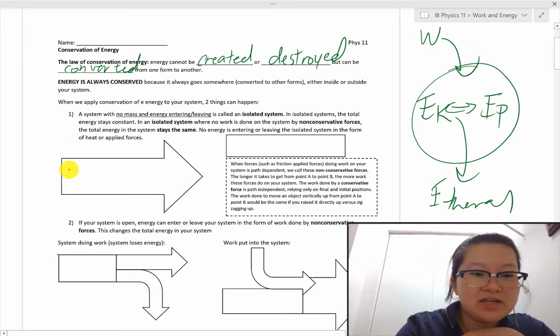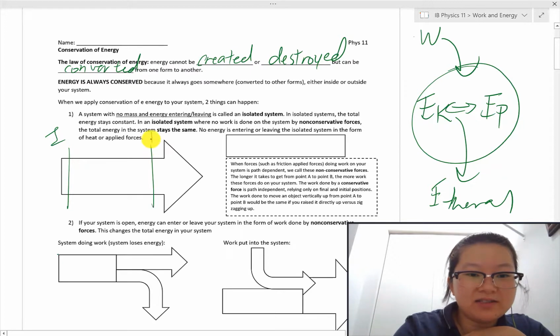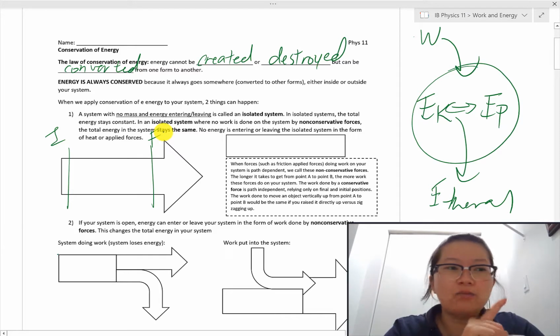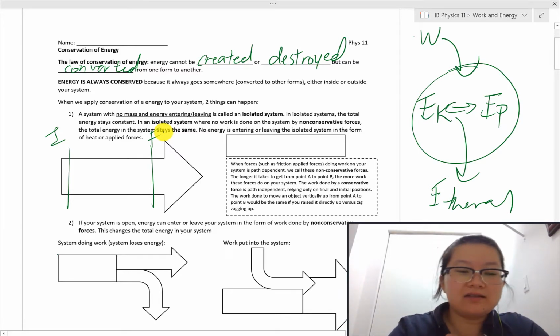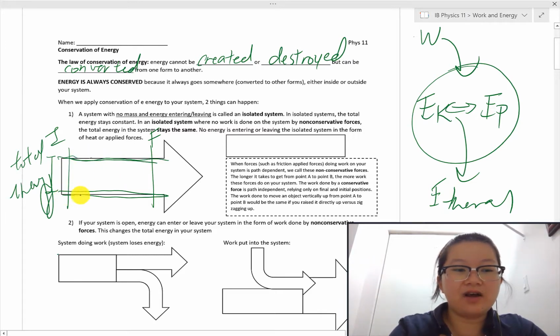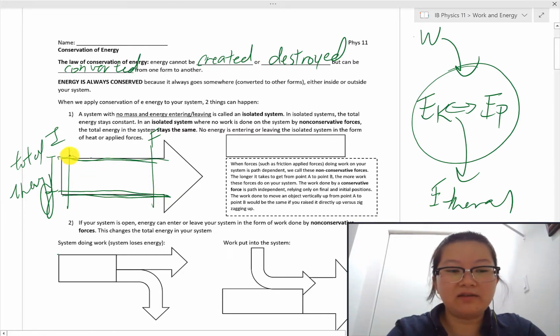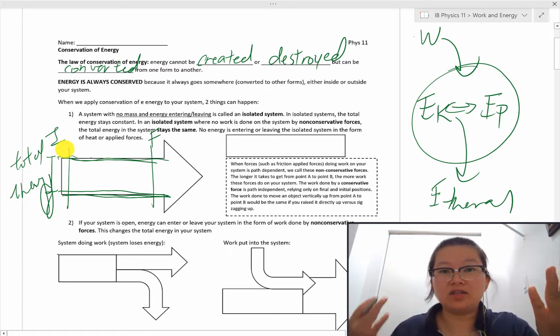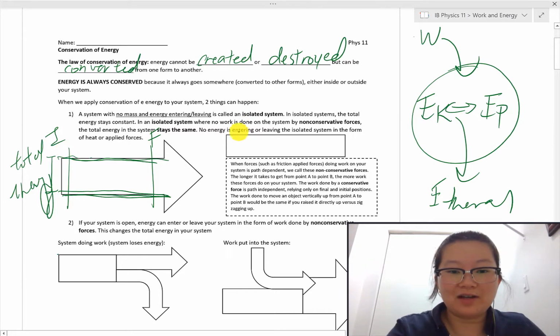If I talk about an initial state of my system and a final state of my system, the amount of energy should be the same no matter what time I look at my system. And this arrow here, I'm just going to quickly talk about what this means. Imagine the width of my arrow represents the total energy in my system. Here I have an arrow that maintains the same width, meaning the total energy in my system stays the same between its initial and final state.